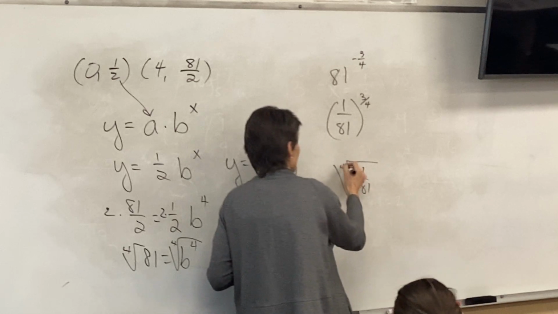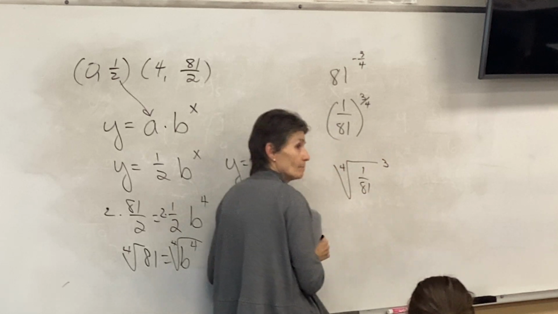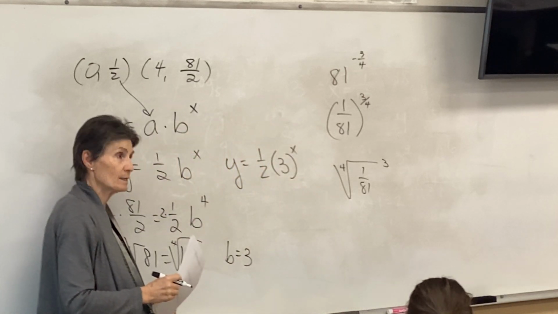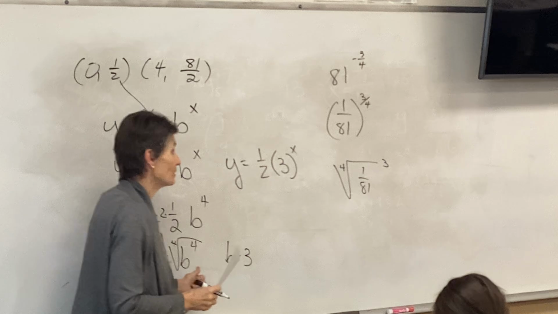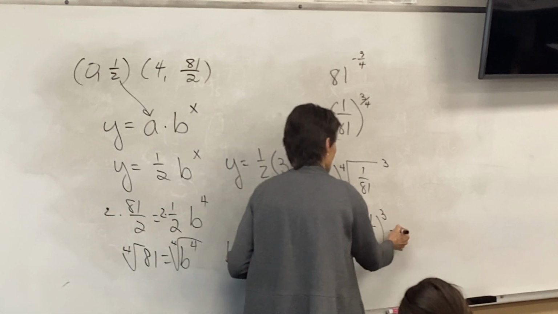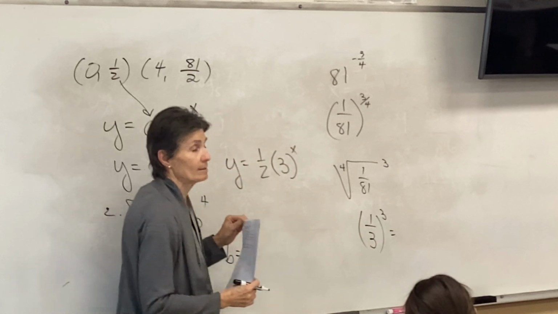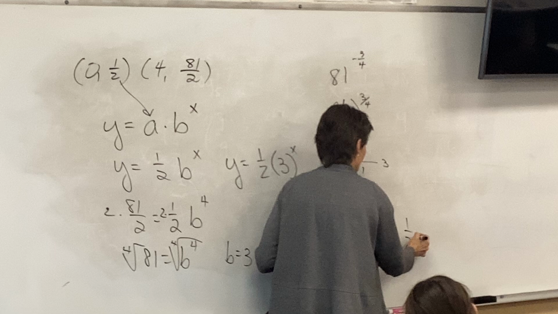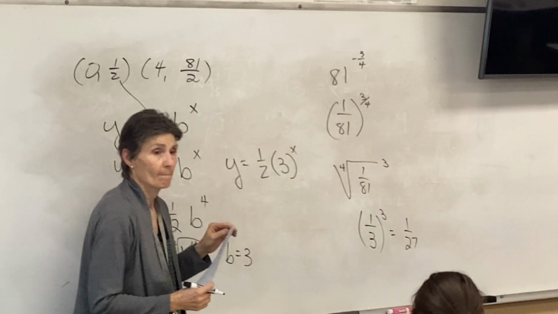And it's going to be a 4th root cubed. Well, luckily we just did the 4th root of 81, so we don't need to figure that out again. The 4th root of 81 is 3. But I need to cube it. 1 over 27.